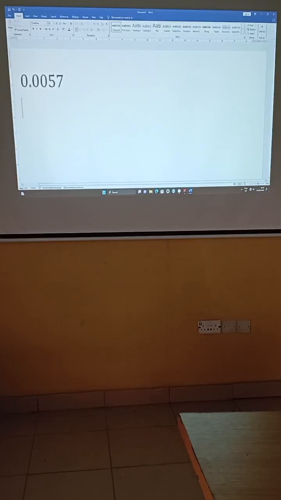If you count it, it is going to be 3 movements: 1, 2, and 3. Therefore, our new decimal point will be in between 5 and 6, times 10 to the power, since we move 3 times from left to right, minus 3.